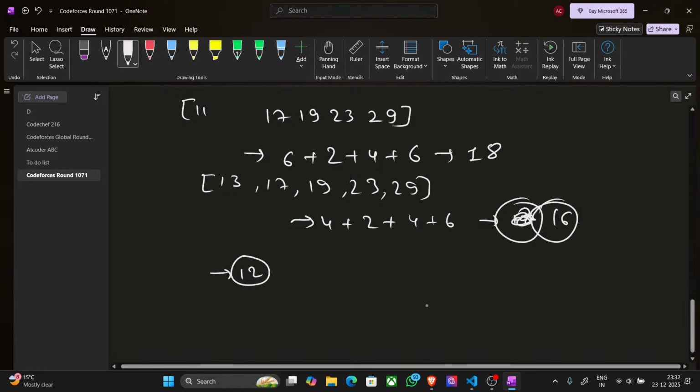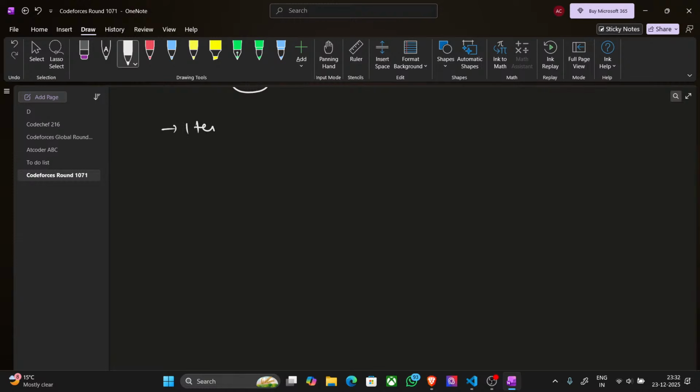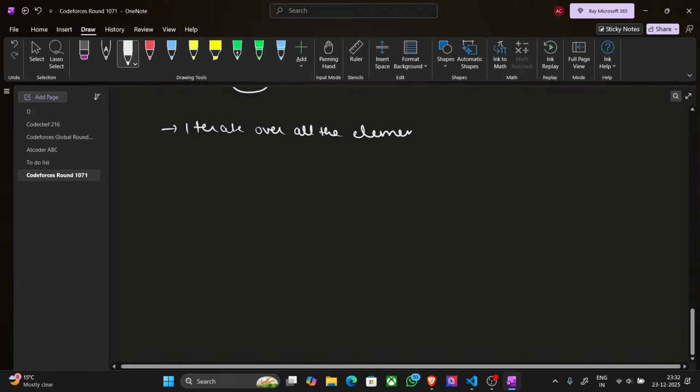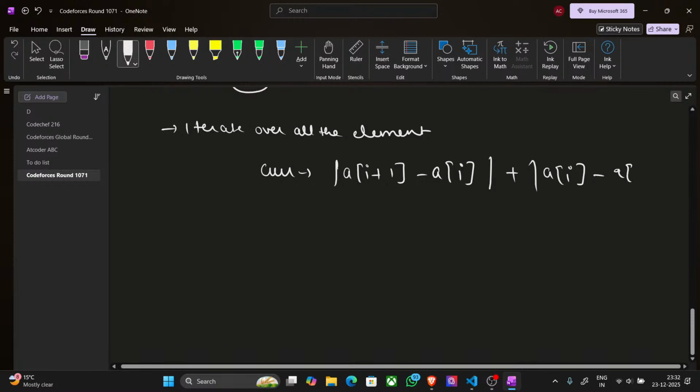So how will we do this? We can just do a basic implementation. We can iterate over all the elements. Before deleting any index, we will check what is the current summation that it is contributing to. So it will be modulus of ai plus 1 minus ai and modulus of ai minus ai minus 1.